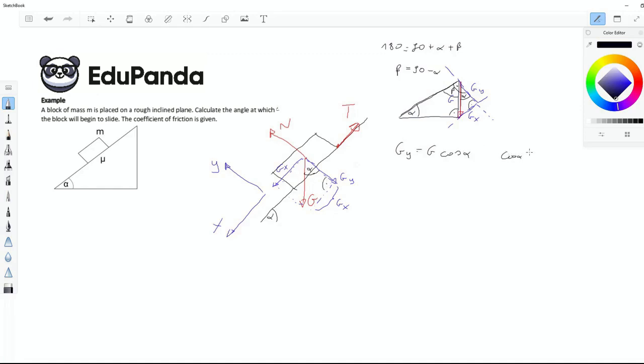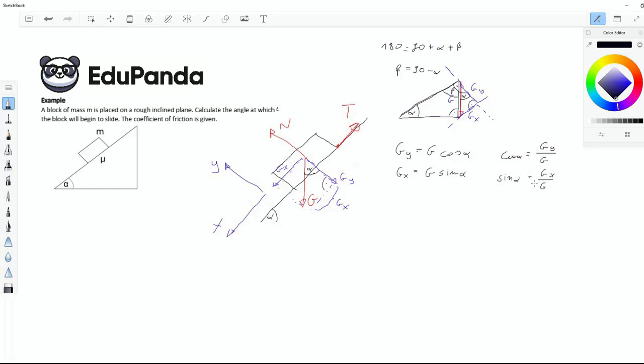We associate cos alpha with the vector next to the angle. Next to the angle we have Gy. Opposite the right angle we have G. So Gy equals G cos alpha. Similarly, Gx equals G sin alpha, from the same notation: sin alpha equals Gx divided by G. And that's pretty much all the important things.